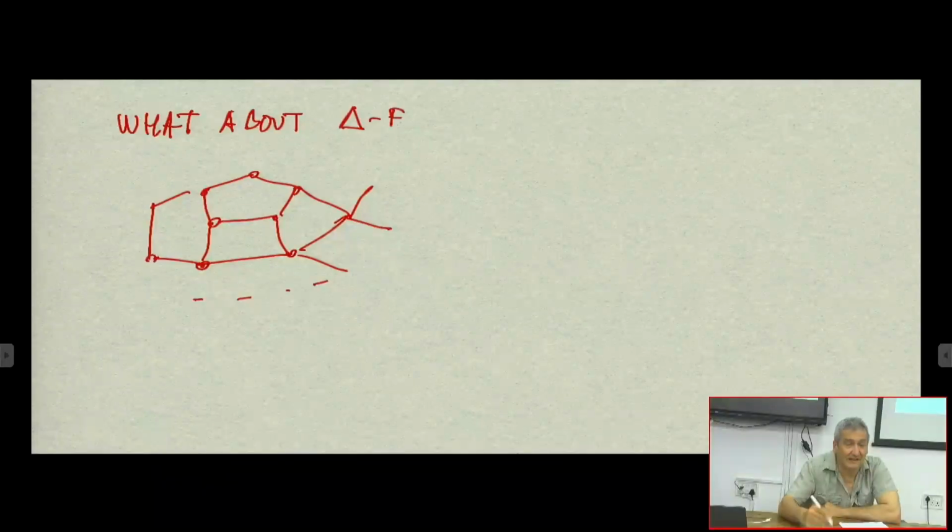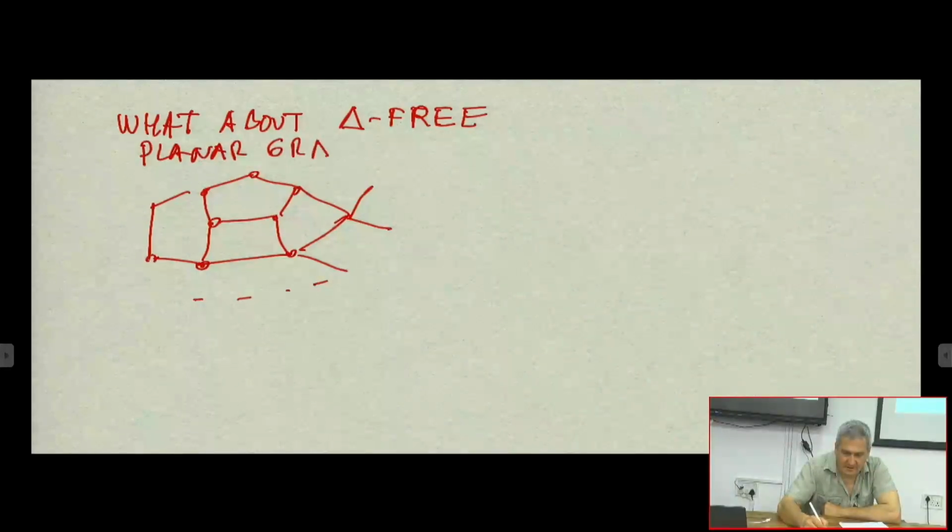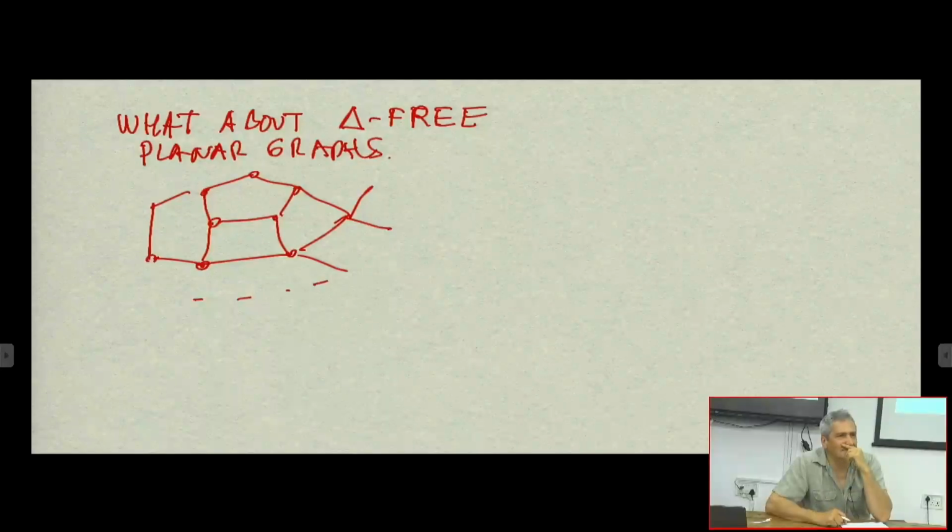Triangle-free graphs, planar graphs. Grötzsch proved that it can be done with 3 colors. He's an Austrian guy. It can be colored with 3 colors. And the proof is not very difficult, 2-3 pages maybe, yes, let's say.